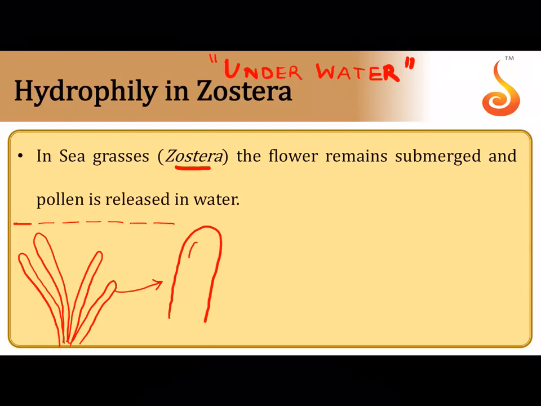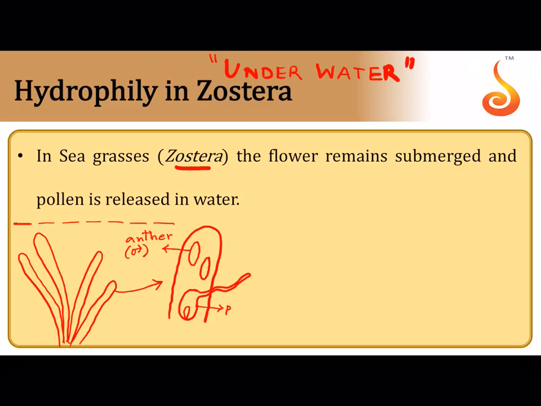Flowers are highly reduced. The male flowers are only anthers, and the female flower is only a pistil with an elongated stalk-like stigma with one ovule inside. So what are these? These are the anther, which represents what part of the flower? The male flower.